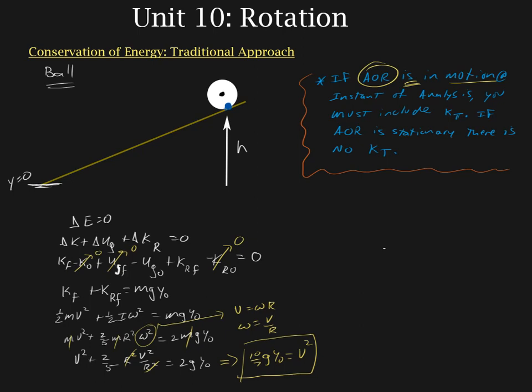So for example, you typically would not use energy to determine how much time it takes for something to occur. It's possible through the use of power, but it's not something that you would typically attempt to do.